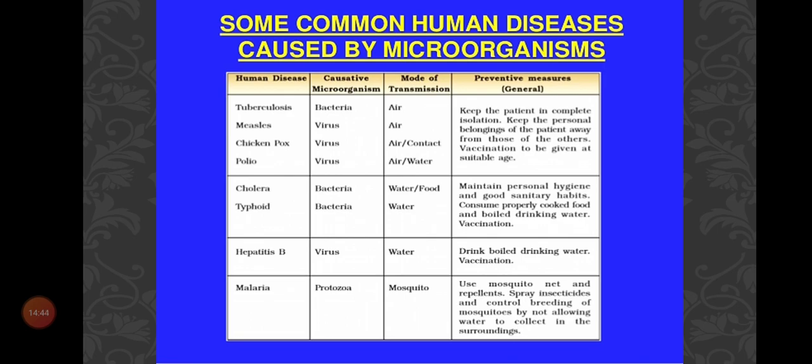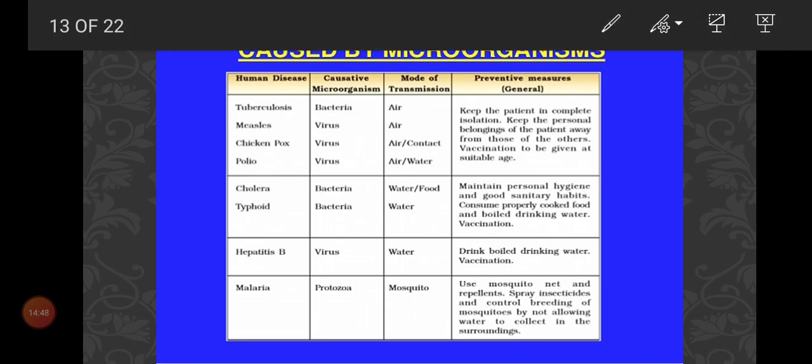Here you need to remember, I already told tuberculosis. Tuberculosis is a disease name. And what is the causative microorganism? Which microorganism will cause tuberculosis? In general, we call tuberculosis TB, and we call someone a TB patient.